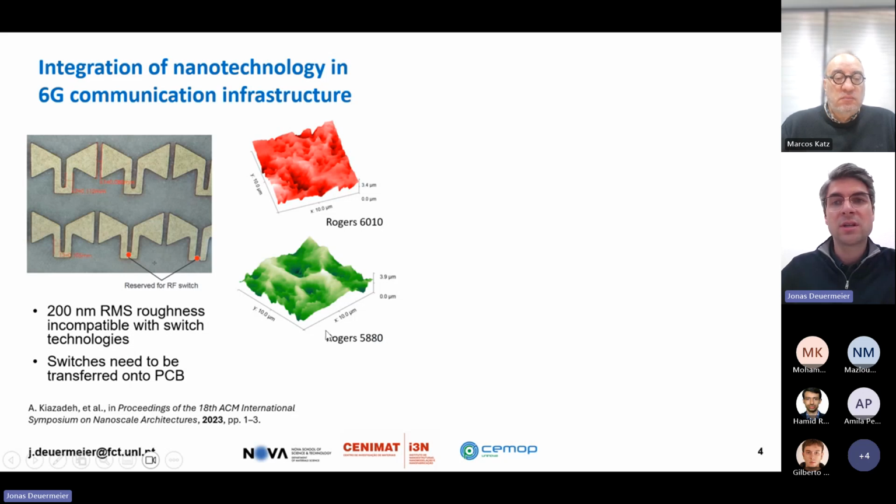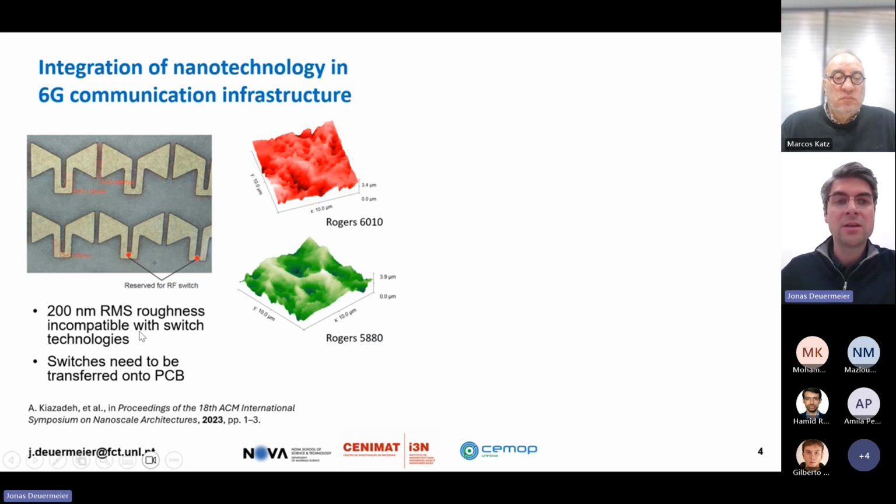It's not a substrate that is easy to work with if you intend to place a switch directly on top of the PCB. We measured RMS roughnesses in the range of 200 nanometers, and we're working with devices typically thinner than 100 nanometers. The whole device stack may be thinner than 100 nanometers in some cases.